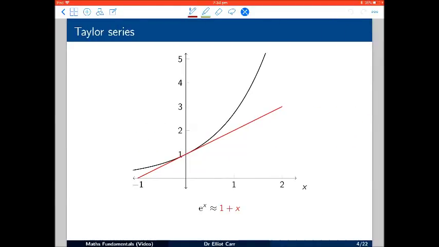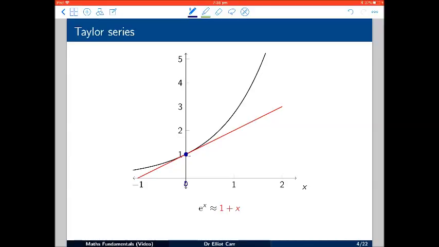So now I'm matching both the solution value and the derivative at this point. So the slope of this red line is equal to the slope of the black line at this point x equals 0. So that's a property of the Taylor series.